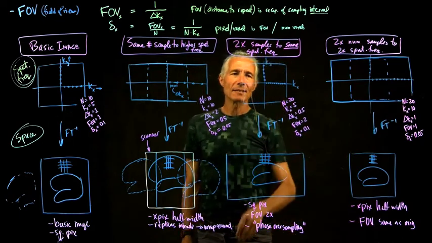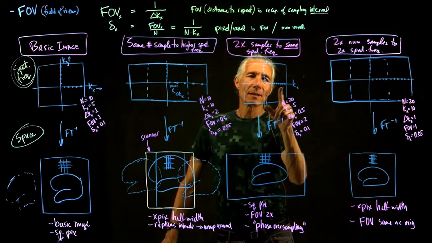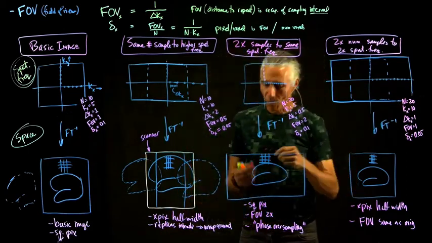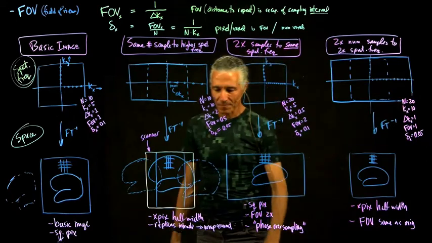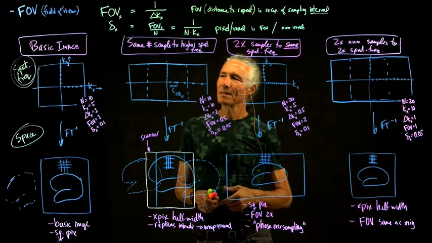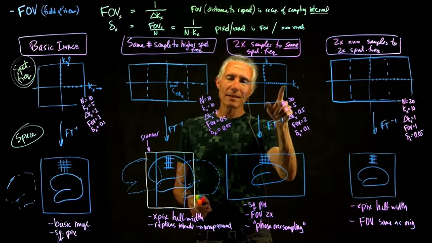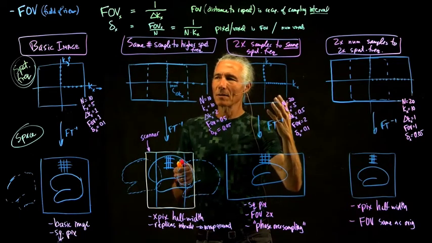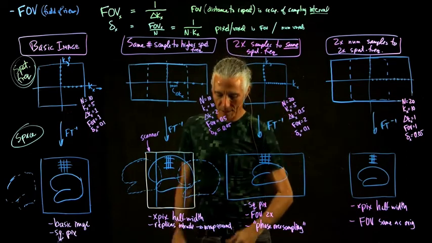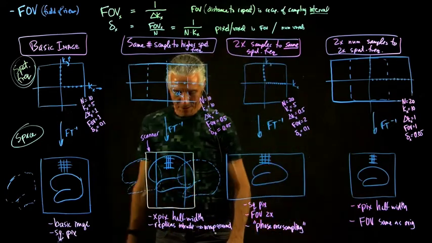You could instead do the data sampling more rapidly, but in that case you would lose some signal to noise, because remember we said that the rate of data sampling is inversely proportional to the signal to noise. And if this is a phase encode direction, then it's just going to be more steps. It'll increase your scan time because you've got to collect more phase encode steps. So that's the field of view.